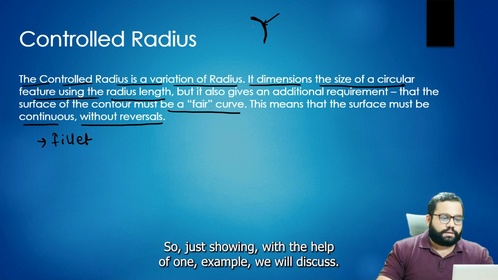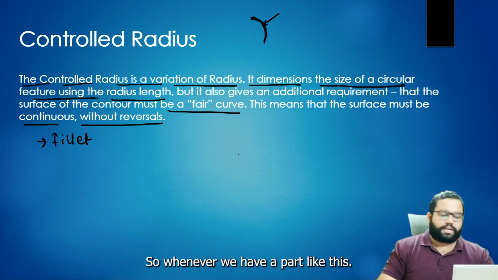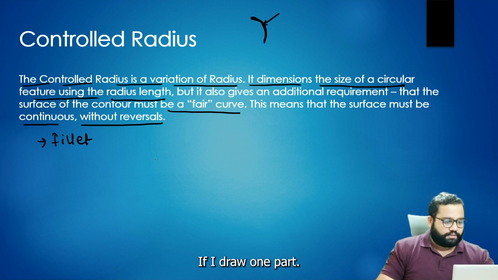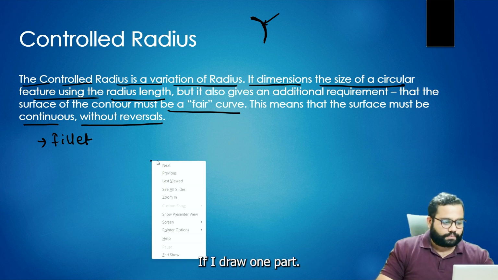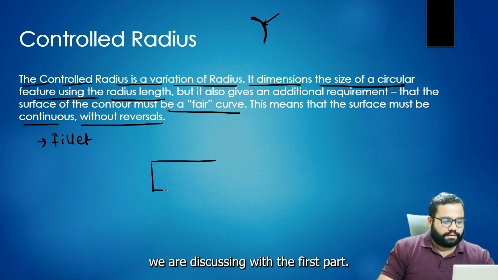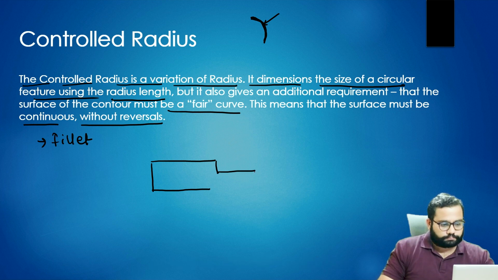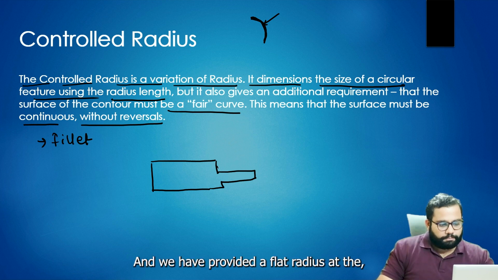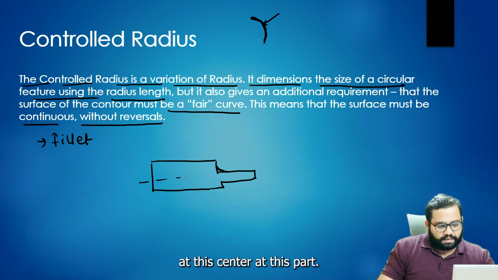Let me show this with the help of one example. Whenever we have a part like this, let's say in the first example, we discuss the first part, and we have provided a fillet radius at the center of this part.